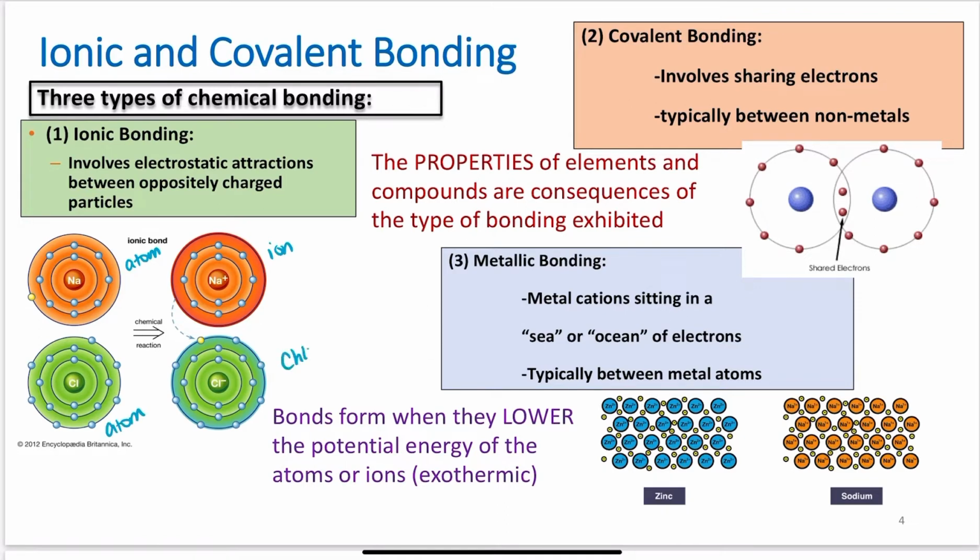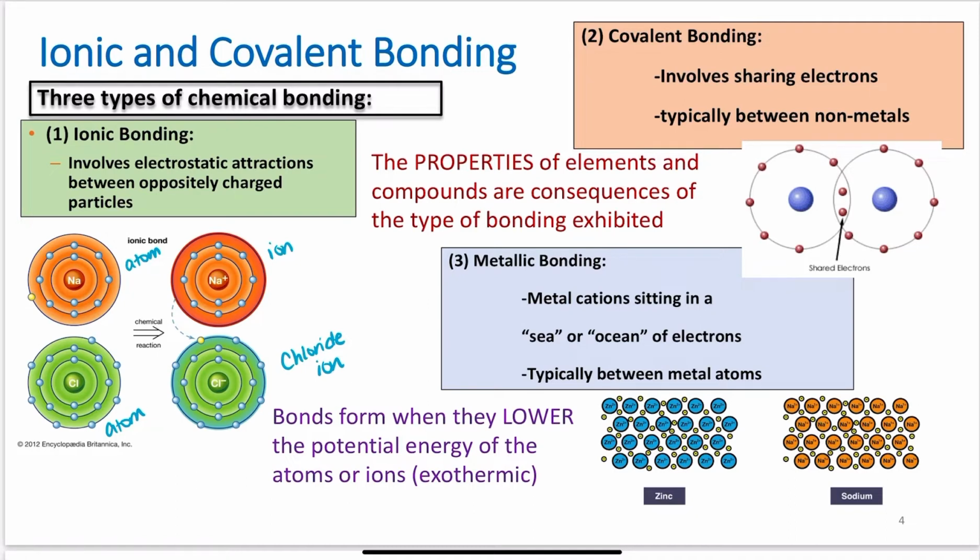Here I've got a chloride ion. Remember, when nonmetals form anions, we change the ending of that name to "ide" to represent that it is an ion. For cations, we just put the word ion on the end of that name.